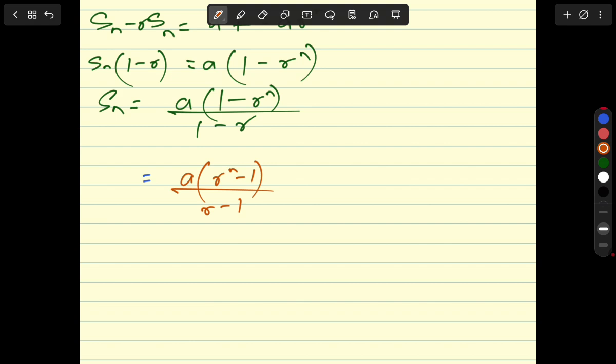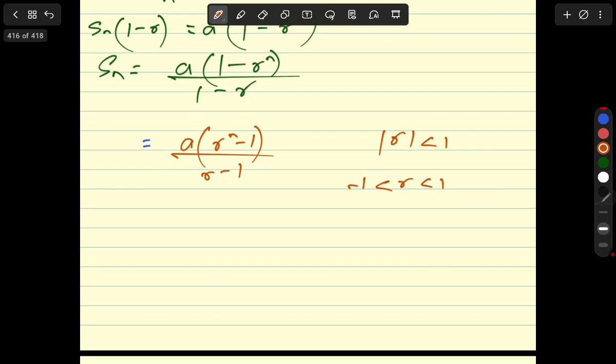Now, there's a very practical tip. If your common ratio is between 1 and -1, I personally prefer this one.